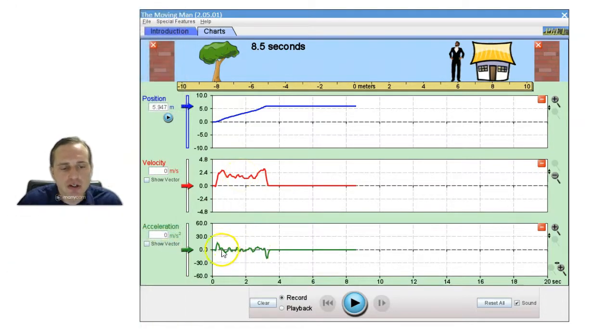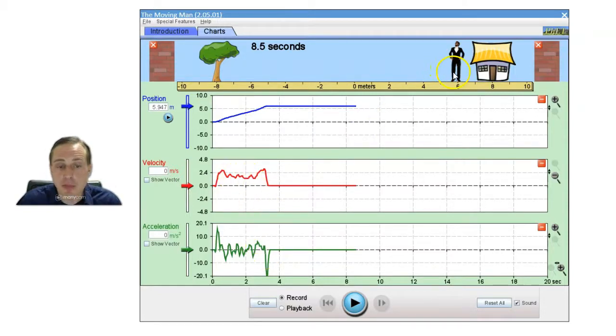Notice the acceleration as well. When I first caused the man to speed up, the acceleration was not zero. So hopefully you see that. The acceleration was also not entirely zero as he was moving along. Again, it wasn't a perfectly constant velocity.